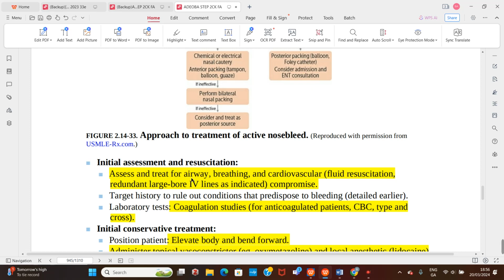If the person is not hemodynamically stable, you want to ensure fluid resuscitation immediately by setting your large bore IV line, particularly when it's very severe. But if it's not, when you are setting your wide bore cannula, you want to collect blood samples for your coagulation studies, just like the way we did in hemoptysis. You want to group and cross match, and check your coagulation studies.